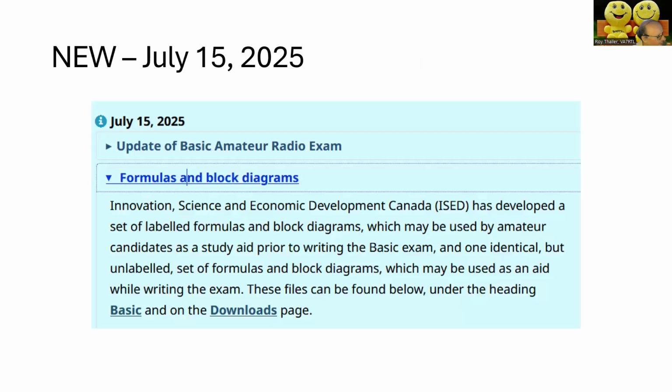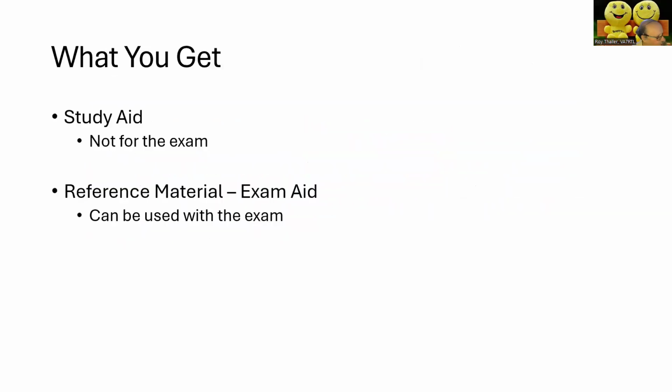One thing that's been added is the block diagrams. So they come in two versions, one that you can study from and one that you can use during the exam, and these will be supplied to you as part of the exam.